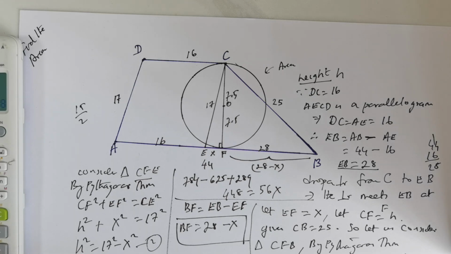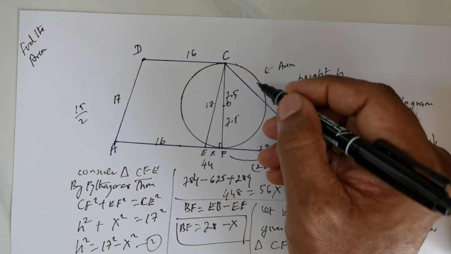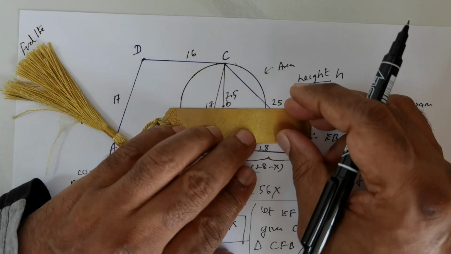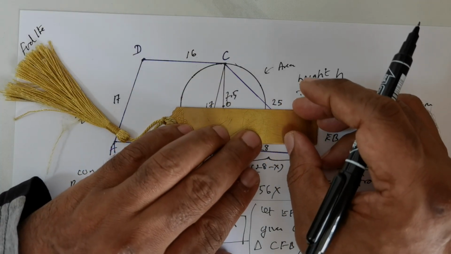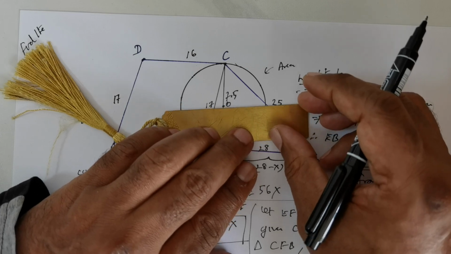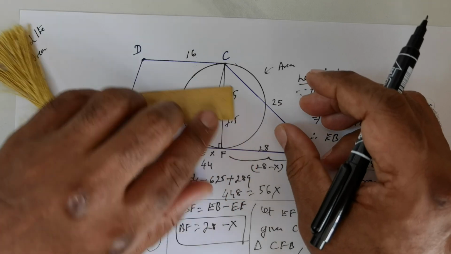Now the question is, we have to obtain this region. Okay, so how are we going to obtain this region? That is important. So for that, what I'm going to do is actually draw a perpendicular.